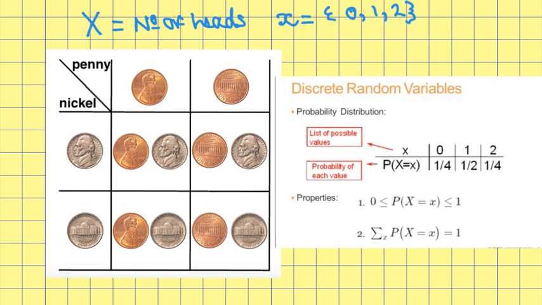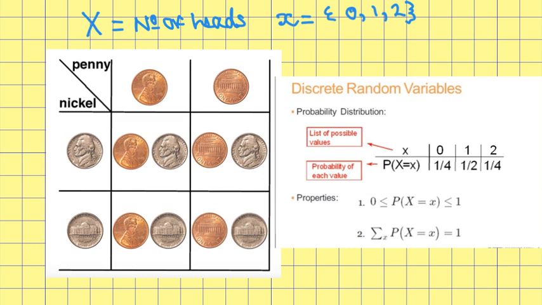You could then draw the following table for your discrete random variable or probability distribution. X is the list of possible values, and it could take 0, 1, and 2. Then you could write the probability that big X is equal to little x.